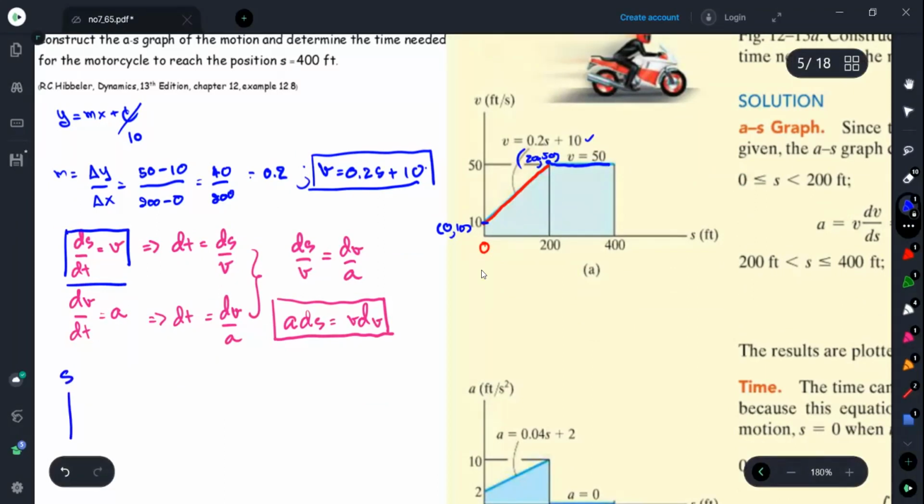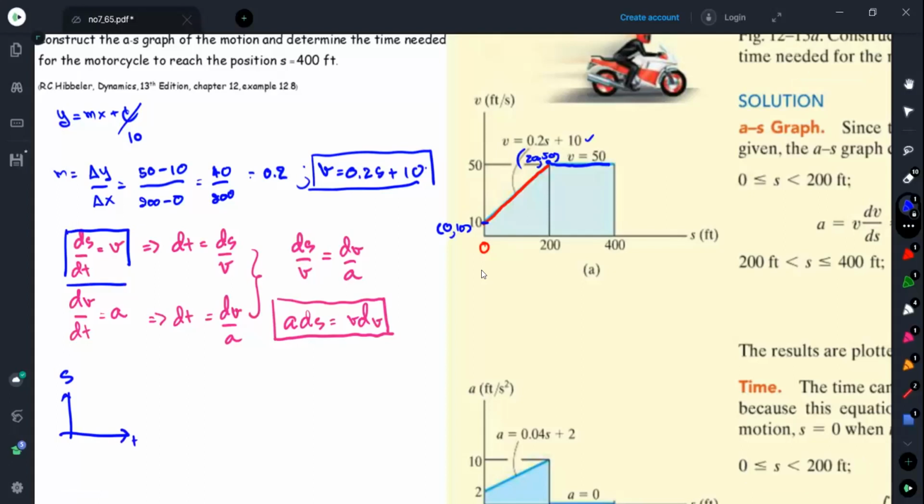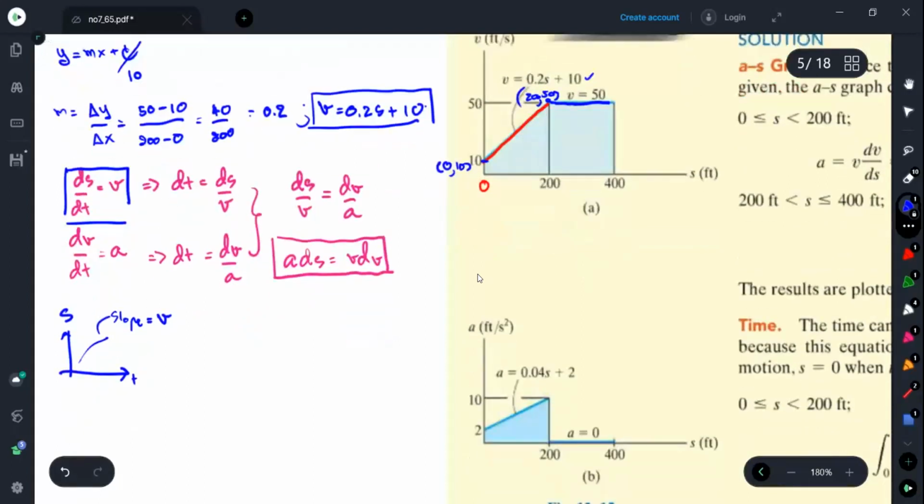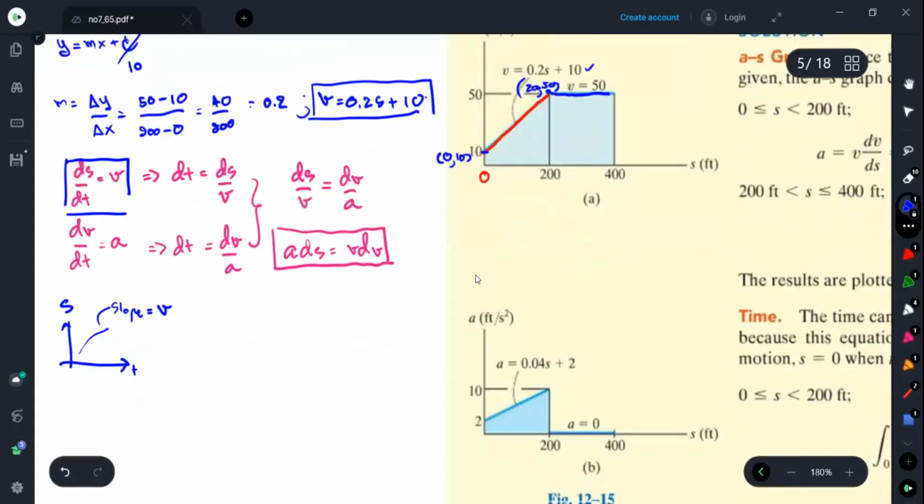If we plot the s-t graph, we found that the slope is equal to v, right? For the v-t graph, the slope is equal to a.